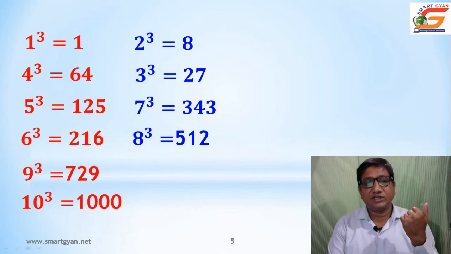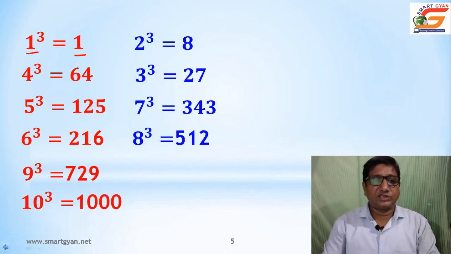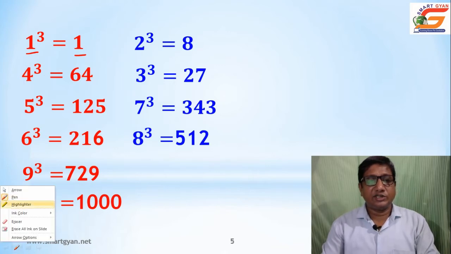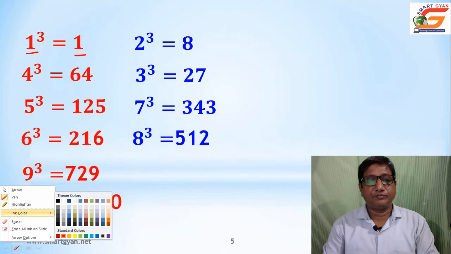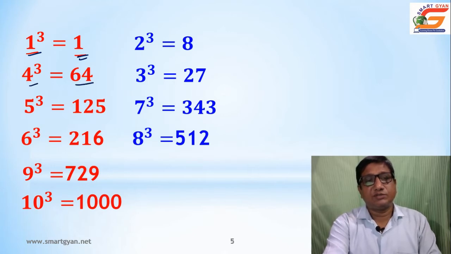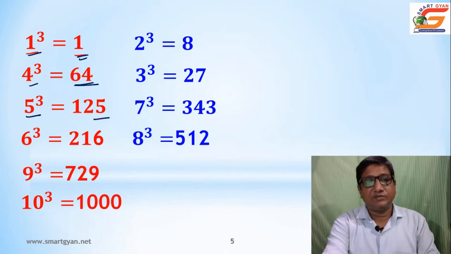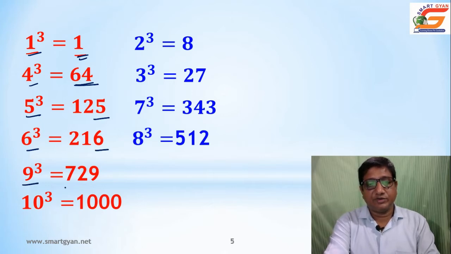You have to learn the cubes of natural numbers up to 10. 1 cube is 1. If you observe, the unit digit is the same as the root digit in these cases. 4 cube is 64, unit digit 4. 5 cube is 125, unit digit 5. 6 cube is 216, unit digit 6. 9 cube is 729, unit digit 9. 10 cube is 1000, unit digit 0.